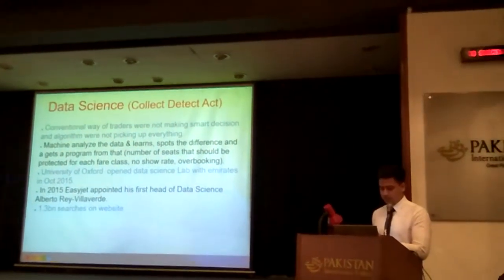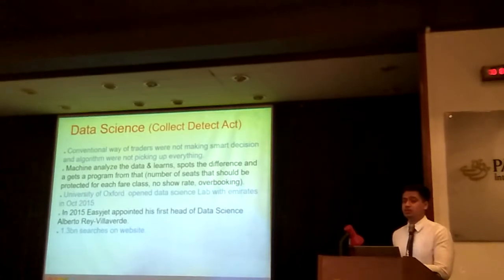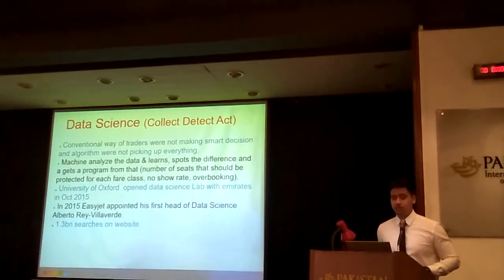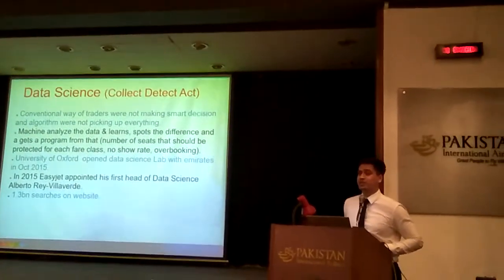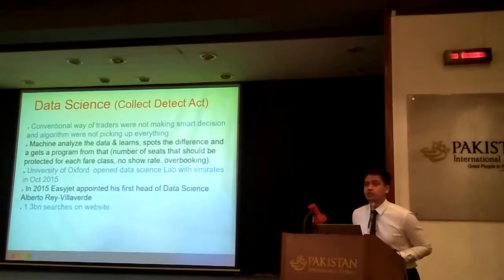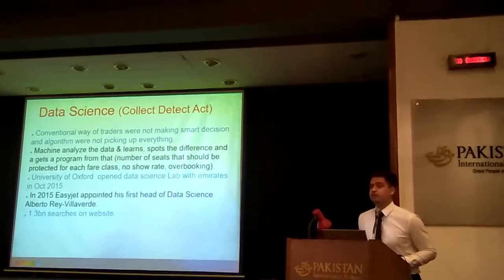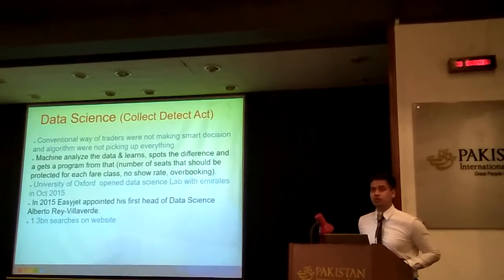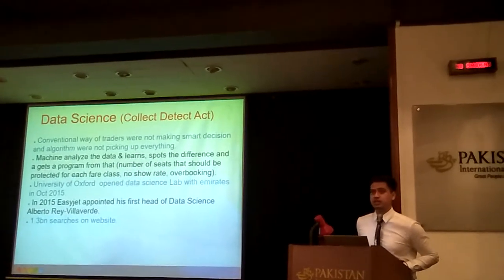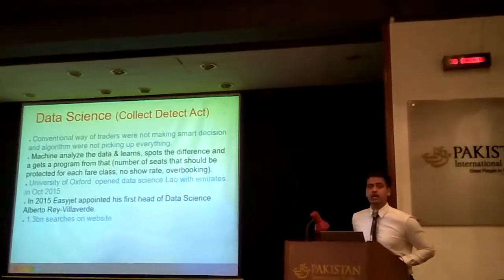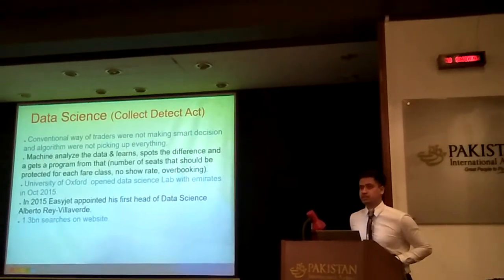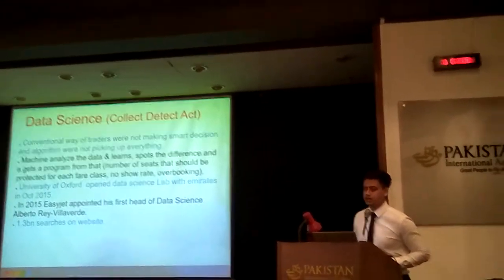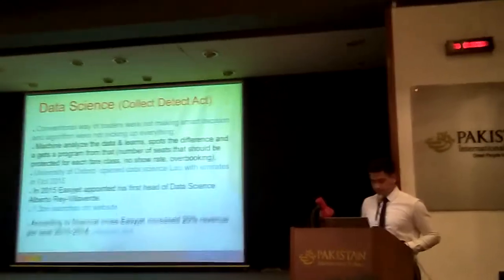Just on the EasyJet website alone, there are 1.3 billion searches annually, so they don't have to go anywhere to collect the data. EasyJet has its own 1.3 billion searches every year, so they can spot the difference. They can feed the machine with this data, and they can do their work with that.